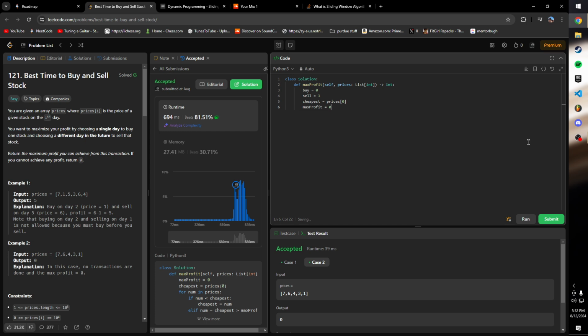Okay, so with these we could go like this. Say while sell is less than length of prices. I should use length of prices minus 1.